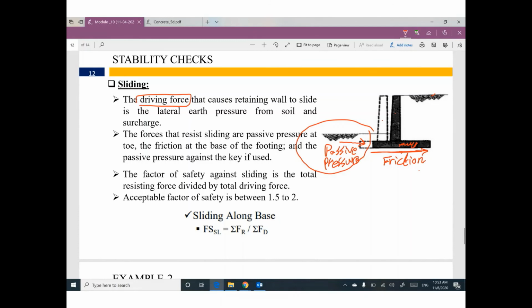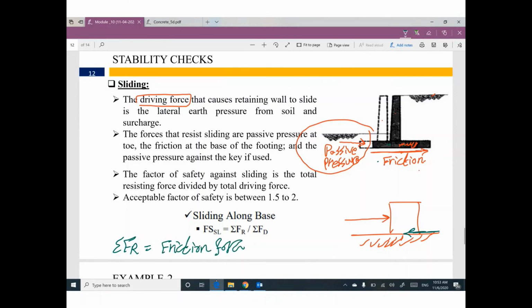Guys, if you have a box on the ground surface and you are trying to push it, from engineering mechanics we learned that we have something here called friction. That makes sense. We have also here friction between the retaining wall and the soil. So summation F of R equals friction force.